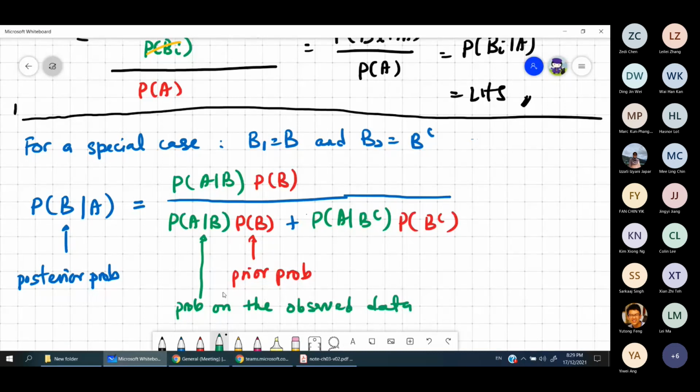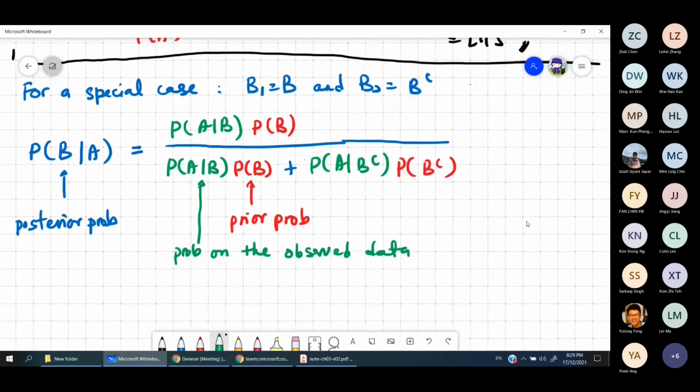In most cases, this posterior probability is the probability that we want to determine. And this is the probability based on the observed data.